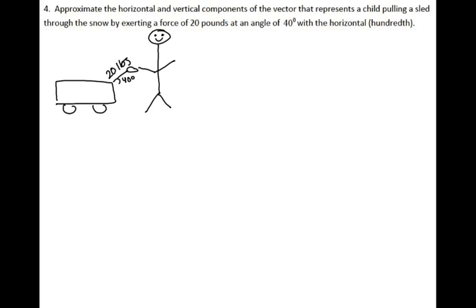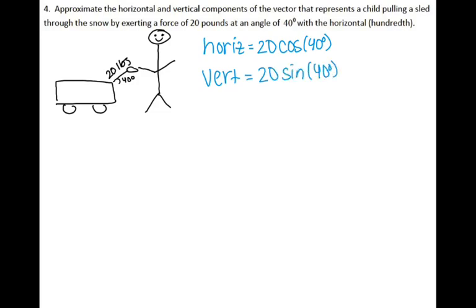So for my horizontal component, I am going to take my magnitude, which is 20 pounds, times cosine of 40. And for my vertical component, I am going to take my magnitude times sine of 40.